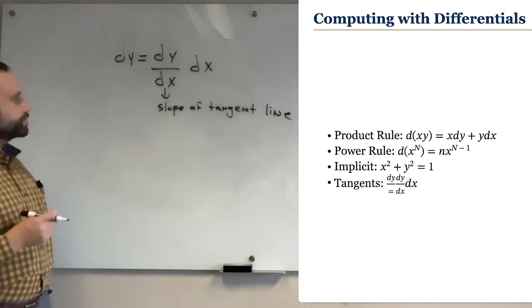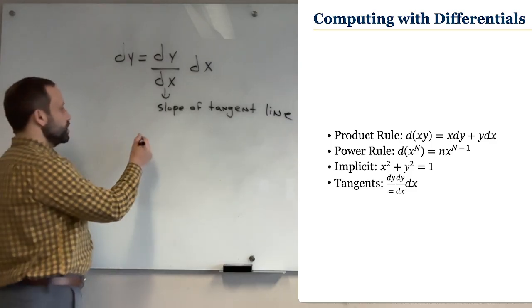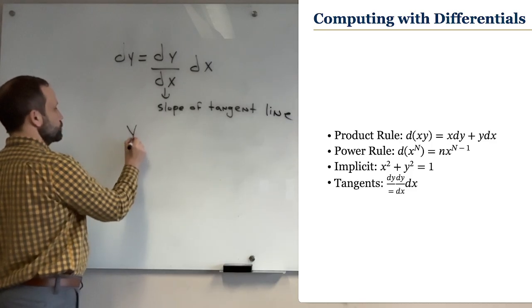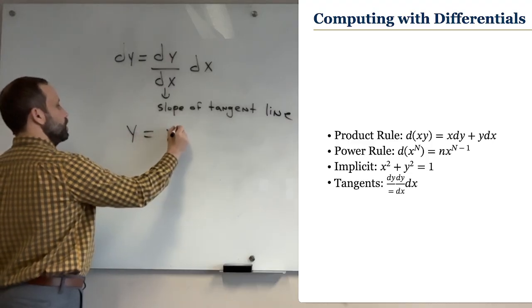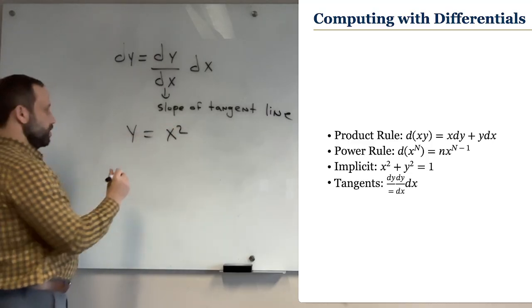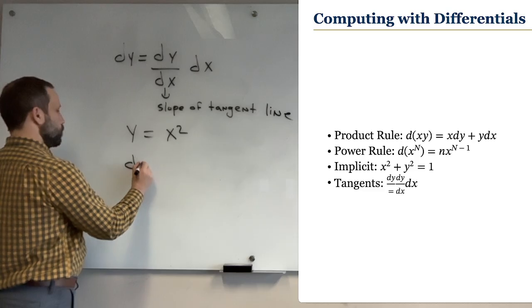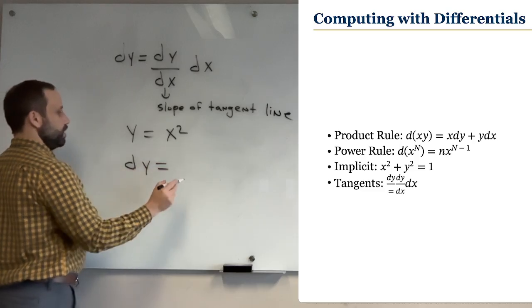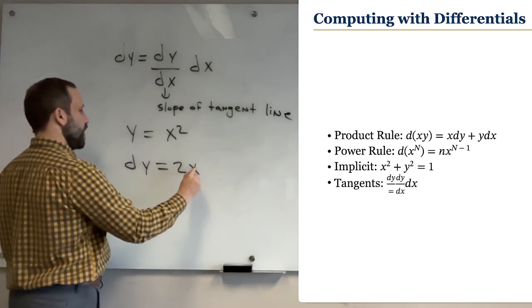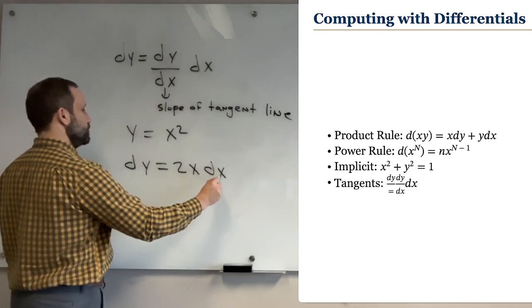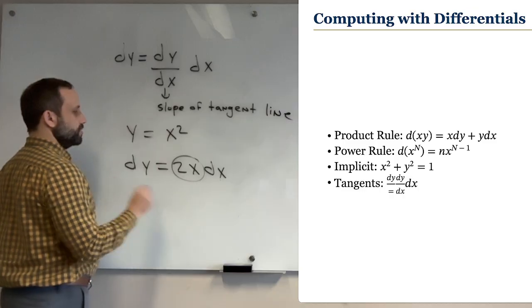So in other words, if we have something like y is equal to x squared, then using the rules of differentials, we're going to get dy is equal to 2x dx, and so that right there is dy/dx.